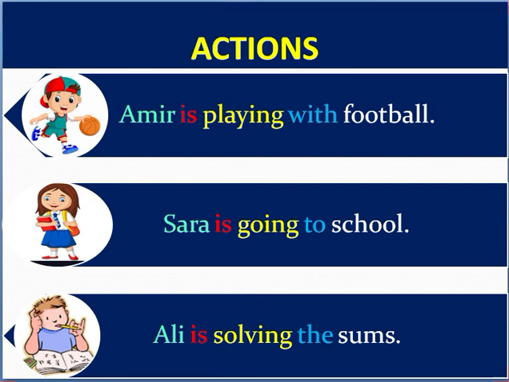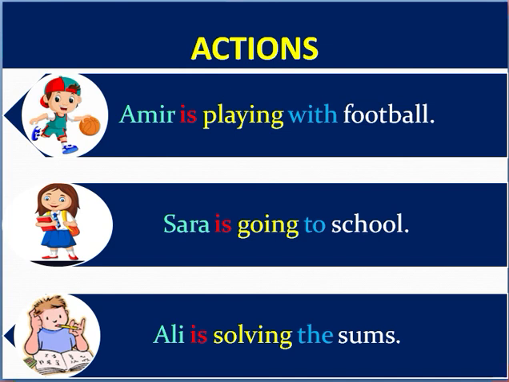Over here, some more sentences with more parts of speech. Look at sentence number 1. Amir is playing with football. Amir is a noun or a subject. Is is a helping verb. Playing is an action or verb, and with is a preposition, and football is an object.